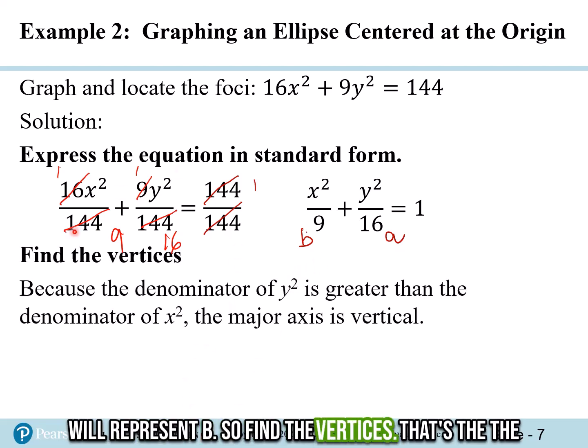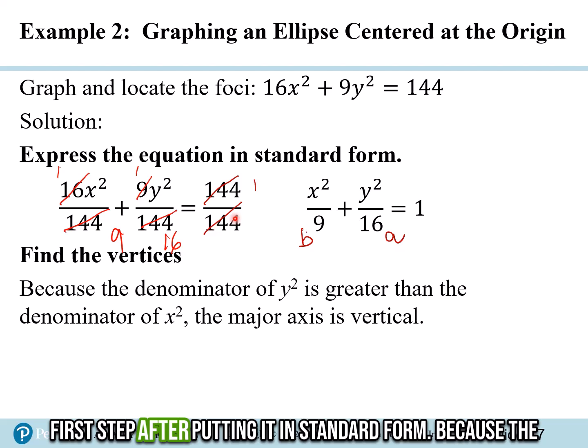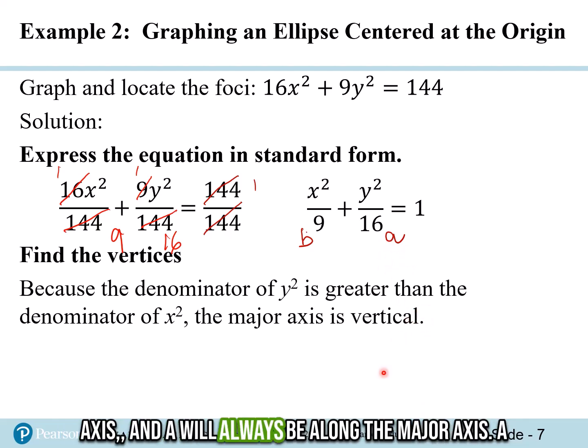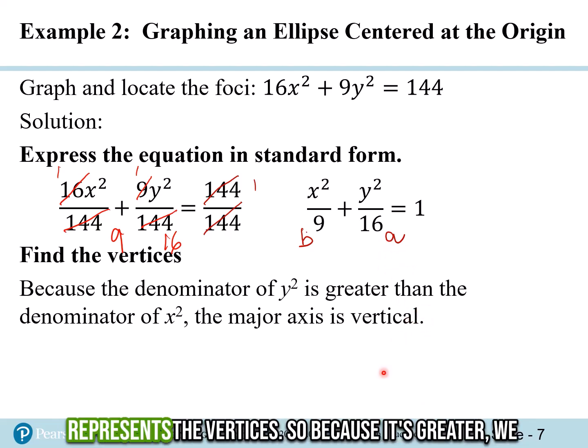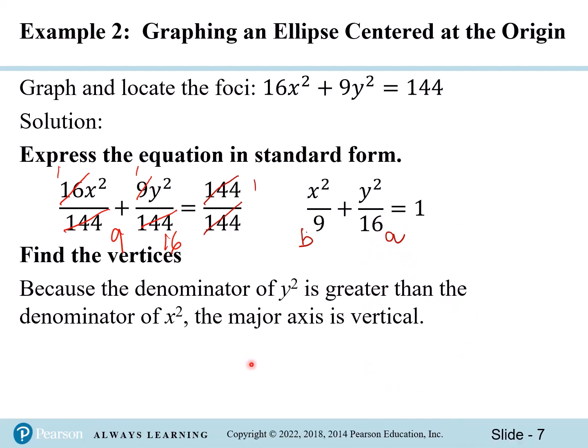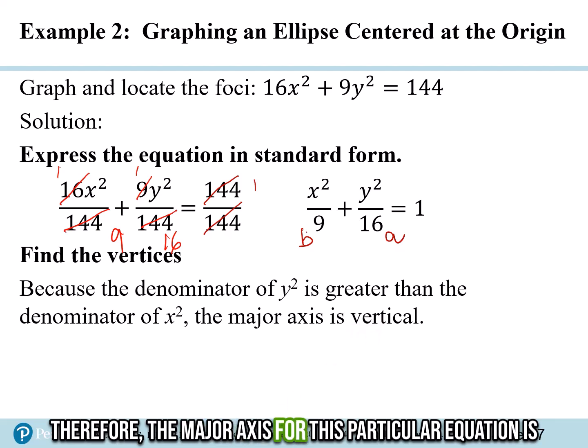So find the vertices. That's the first step after putting it in standard form. Because the denominator of y squared is greater, it'll be the major axis, and a will always be along the major axis. a represents the vertices. So because it's greater, we will choose the greater value as a squared. Therefore, the major axis for this particular equation is vertical.